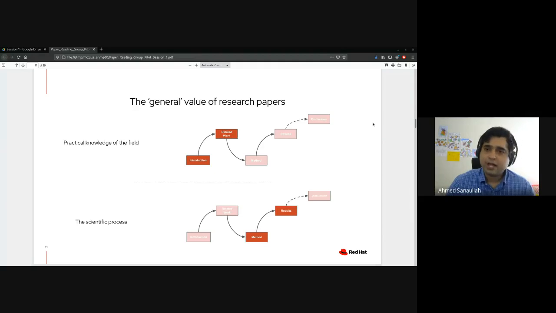I found that there was a lot of practical knowledge to be gained. Even if I was reading papers on general high performance computing, I could find practical limitations of this approach. I could find an understanding and really draw that missing link between hardware and high performance computing and what I needed to do. And the second general value that I found was in the scientific process.